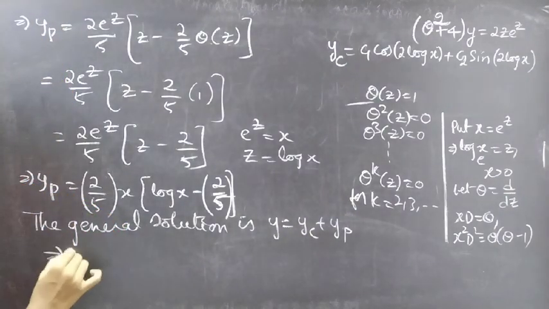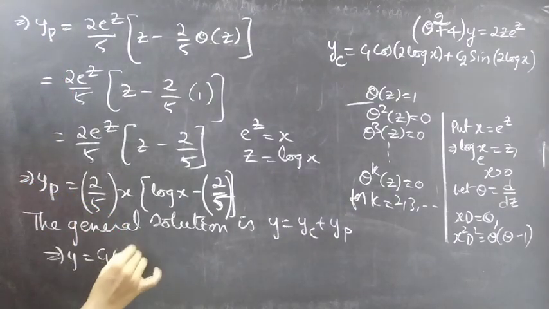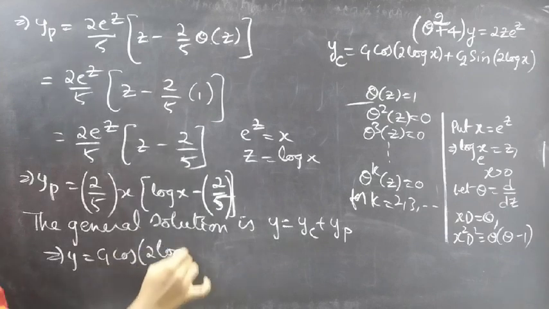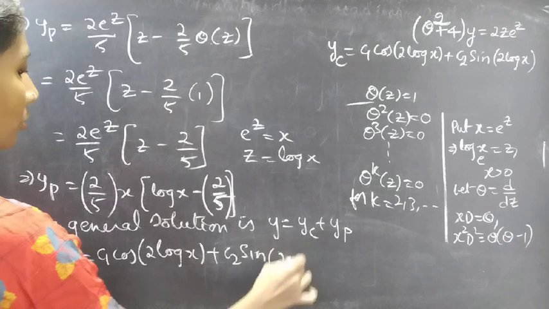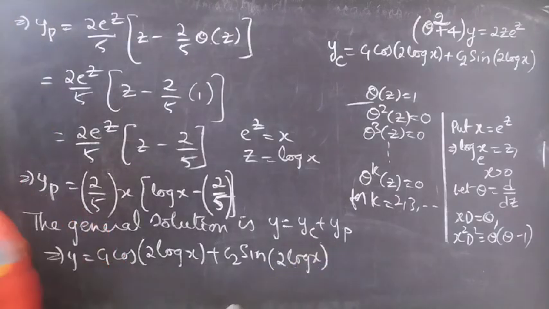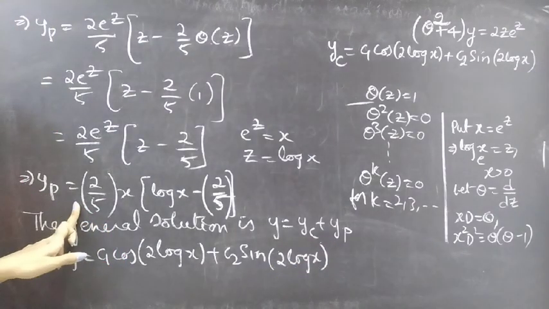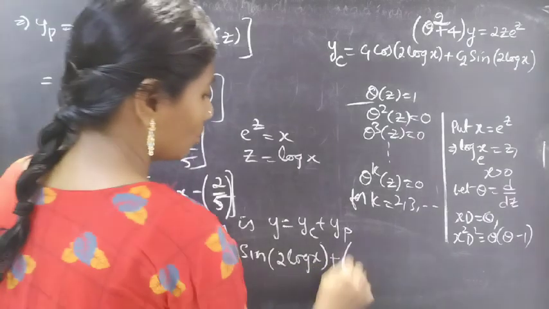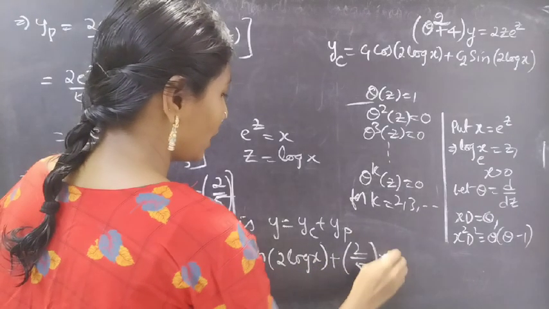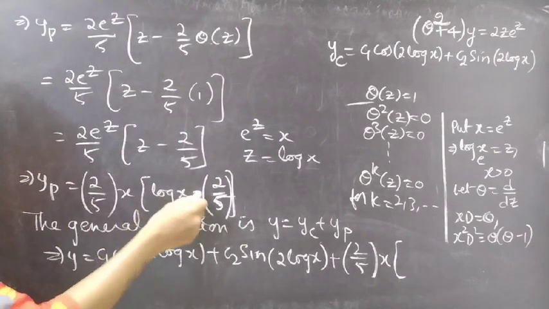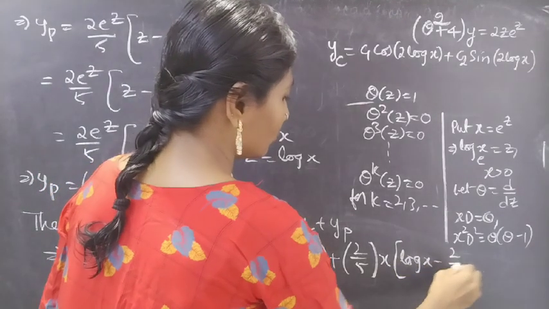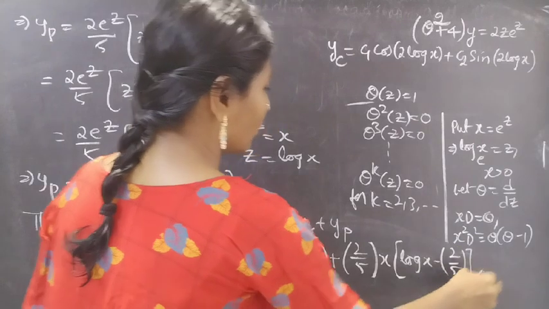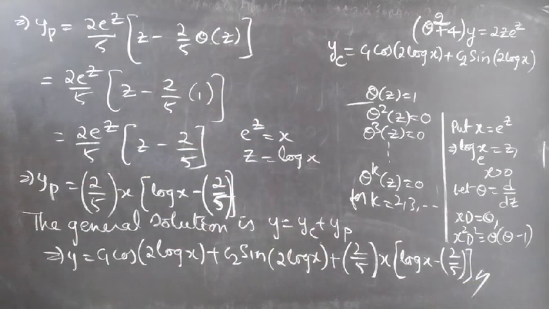Then y equals yc, which is c1 cos of 2 log x plus c2 sin of 2 log x, and yp is plus 2 by 5 into x into (log x minus 2 by 5). This completes the problem.